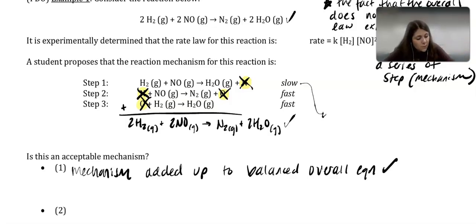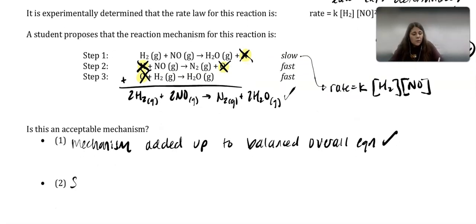So looking at the slow step, our rate law is k, hydrogen raised to the first power because of its stoichiometric coefficient, and then nitrogen monoxide raised to the coefficient of 1. So here, the slow step gives us that the rate law is k[H2][NO].